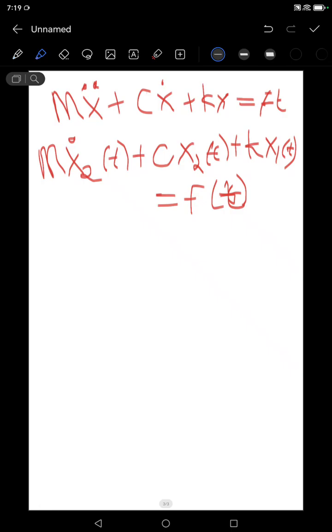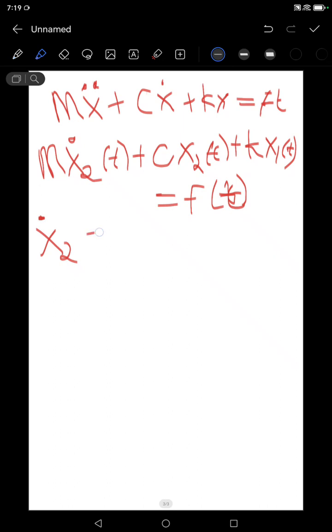So we can write it with x1 and x2, or before that we can make x2 dot the subject of the formula. So we're going to have x2 dot, and then we're going to divide both sides by m.